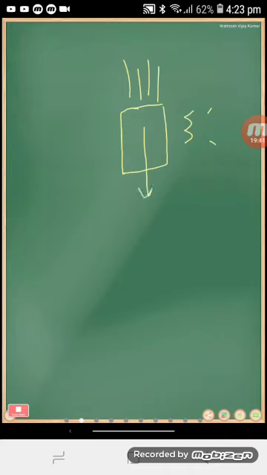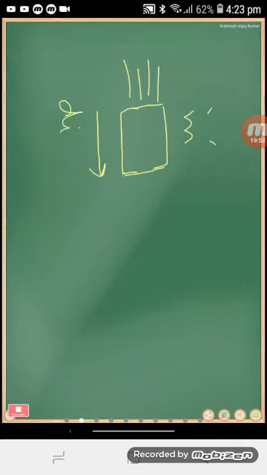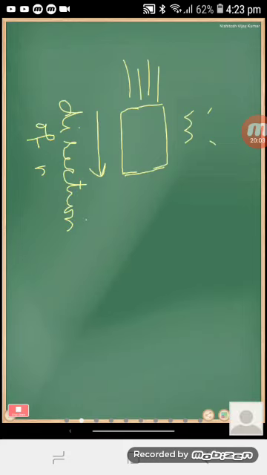So we consider a body of mass m moving with the velocity v in this direction.